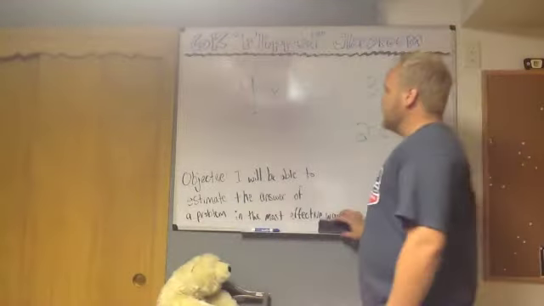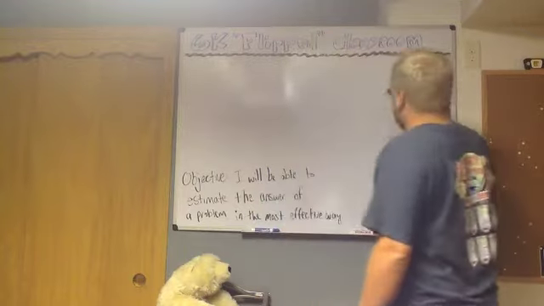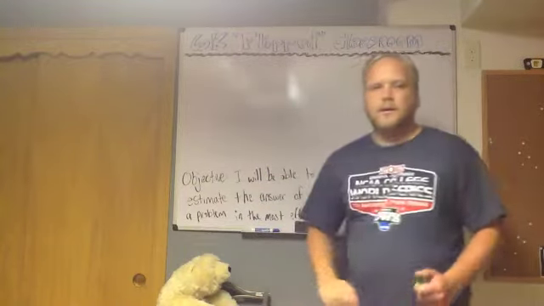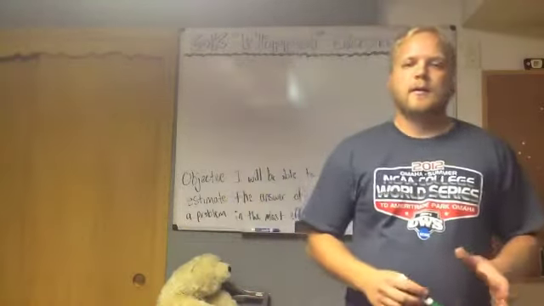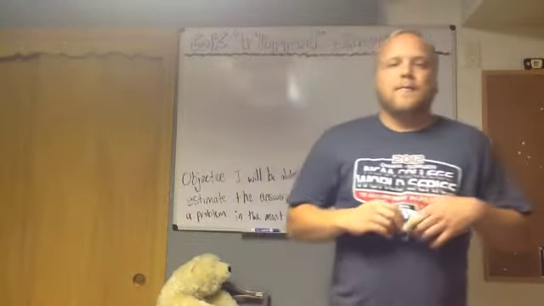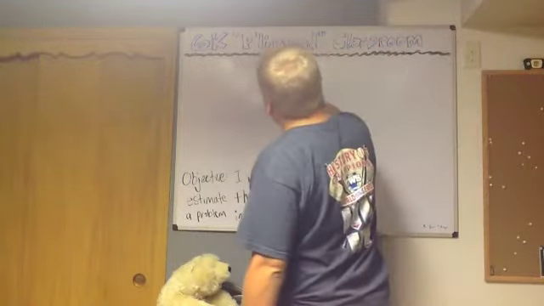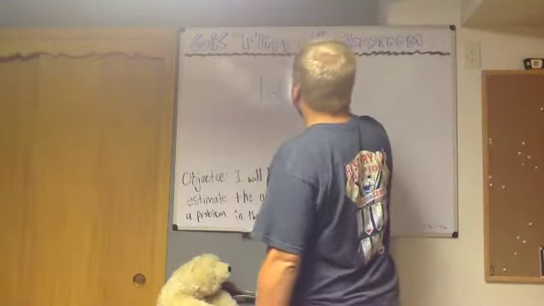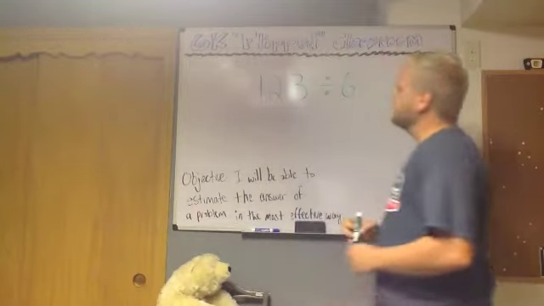The third way that you're going to do estimation is based on compatible numbers. Compatible numbers mean the two numbers work well together. So, if we have, for example, a division problem, like 123 divided by 6.